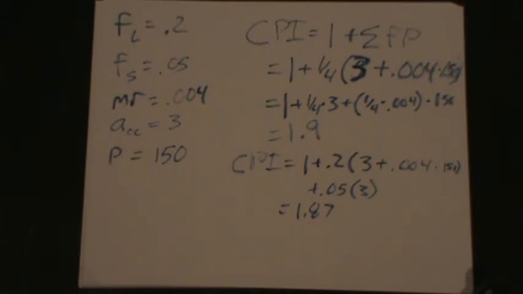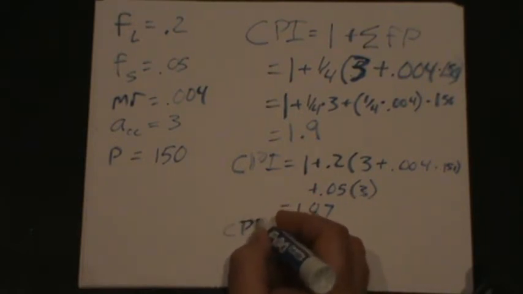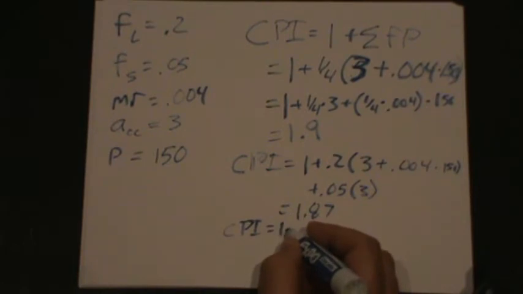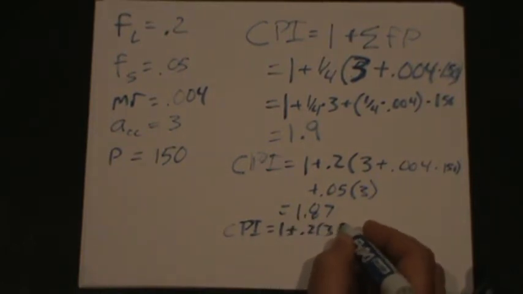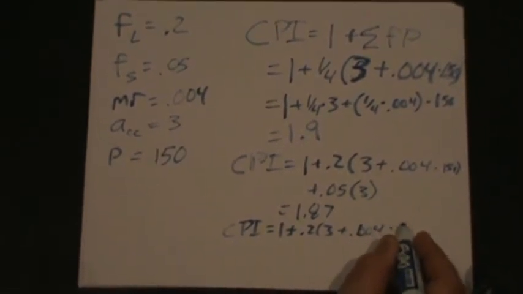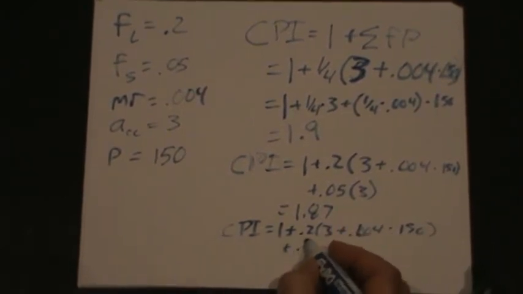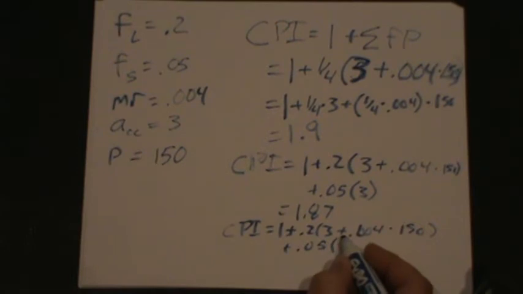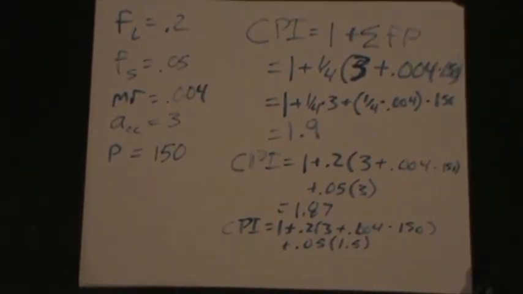Now, if I take the next step and split this into 1.5, the new CPI is equal to 1 plus 0.2 times 3 plus 0.004 times 150 plus 0.05 times 1.5. I only pay the initial cost to send the command off.